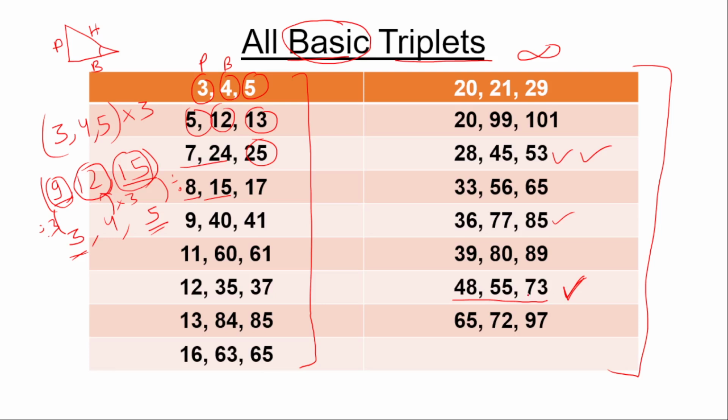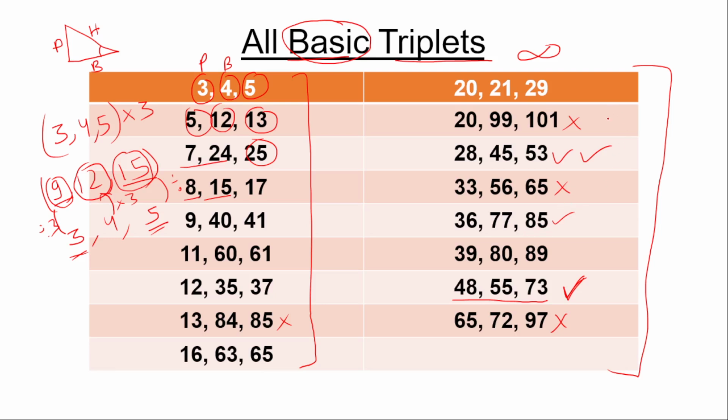Okay, so 3-4 triplets here have not been asked in the exam till now. For example, this has not been asked, 33, 56, 65 not asked, this also not asked, this also not asked, but it doesn't mean that these cannot be asked in the future.